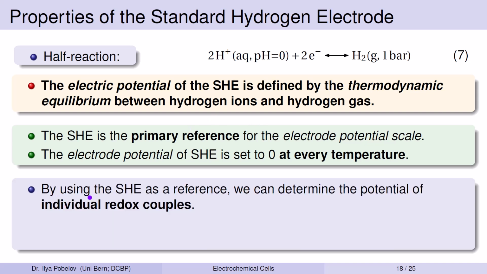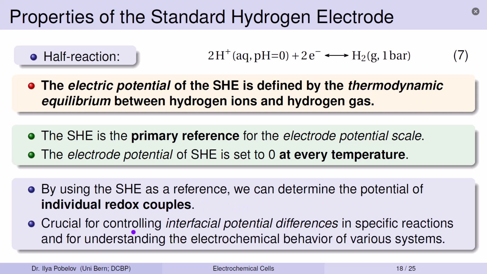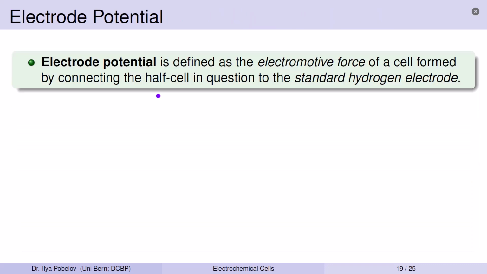By using the SHE as a reference, we can determine the potential of individual redox couples, which is crucial for controlling interfacial potential differences in specific reactions and for understanding the electrochemical behavior of various systems.